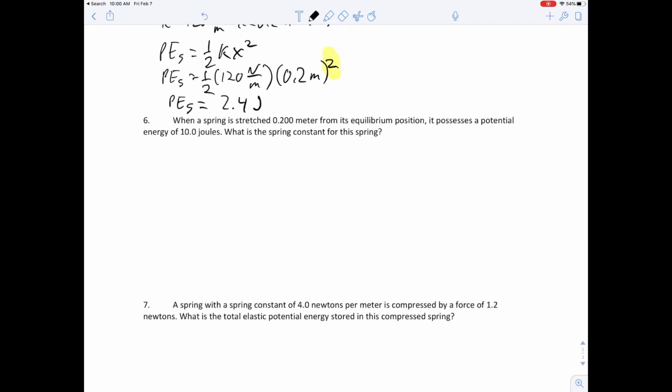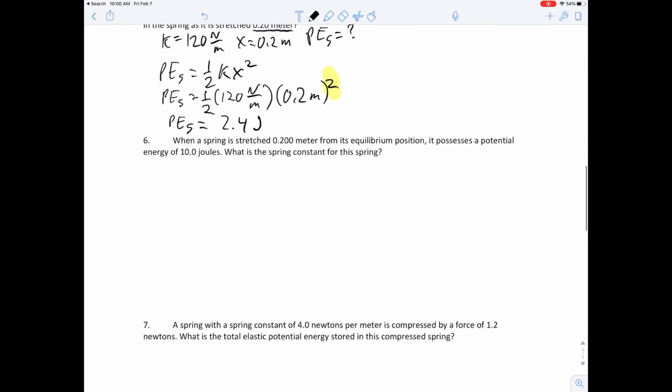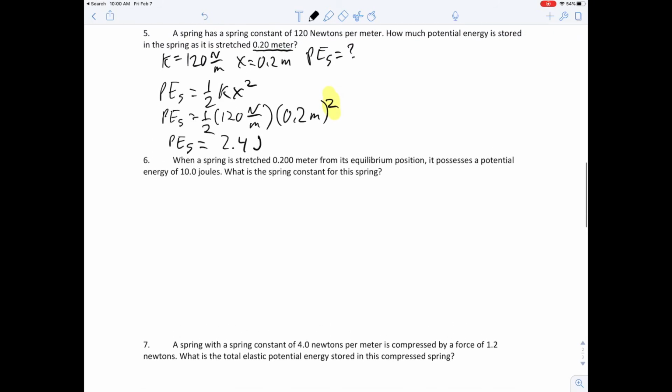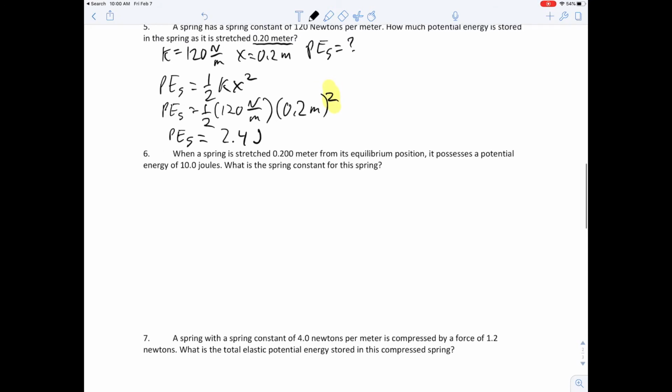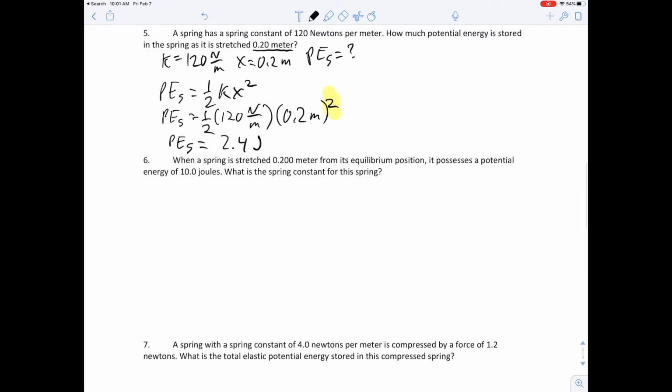So now let's do, when a spring is stretched, again, 0.2 meters from equilibrium position, and now it possesses an energy of 10 joules, what is the spring constant of this spring? So this is similar to the last one. I'm stretching it the same distance, but now it has a lot more energy, so I'm expecting this K value to be a lot bigger.